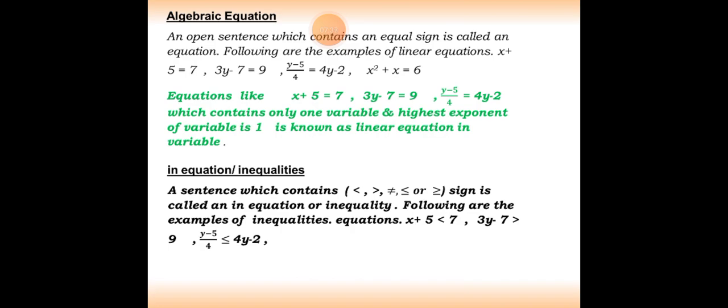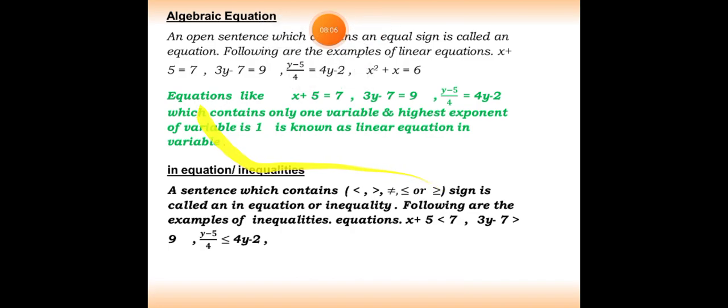For example, an algebraic equation with integer coefficients is a multivariate polynomial equation over the rationals. Basically, an algebraic equation states the equality of two expressions formed by applying a set of algebraic operations to variables, namely addition, subtraction, multiplication, division, raising to a power, and extraction of a root. So this is an algebraic equation, and it also contains an equal sign.